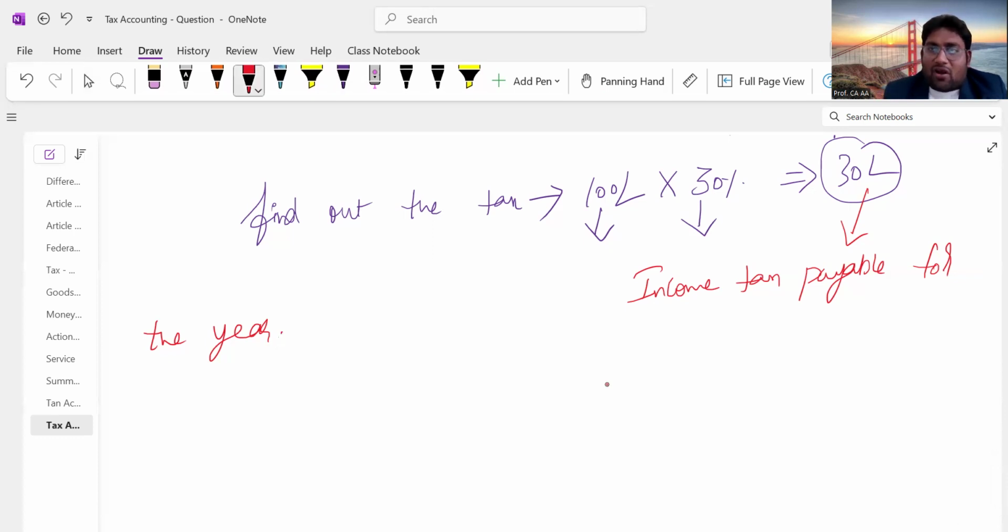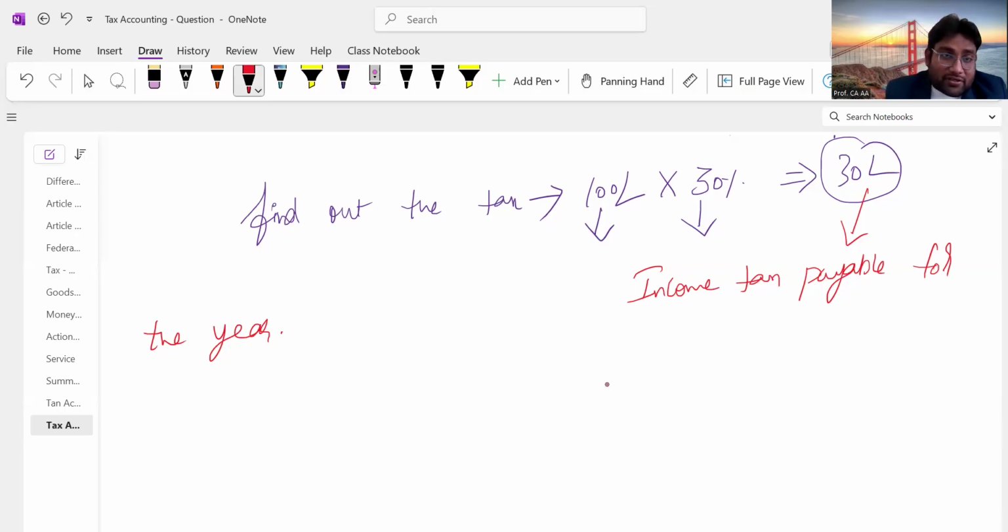As per the monetary concept of accounting, if something cannot be measured in money, it shouldn't be written in the books of accounts. But this tax can be measured in money. That's why I'm writing it.